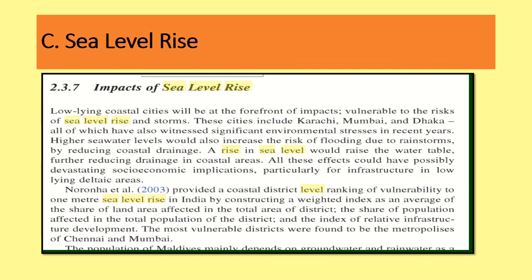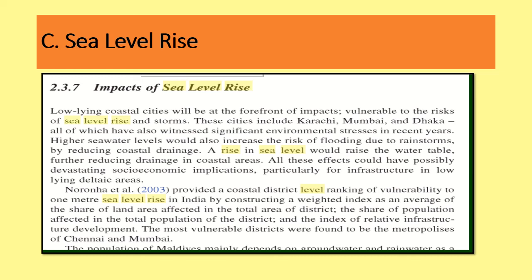Glaciers in the Hindu Kush region and Himalaya region are melting due to global warming. And due to melting of glaciers, the sea level is rising. An obvious consequence of sea level rise is that low-lying coastal areas like Karachi, Mumbai, Dhaka have more risks.